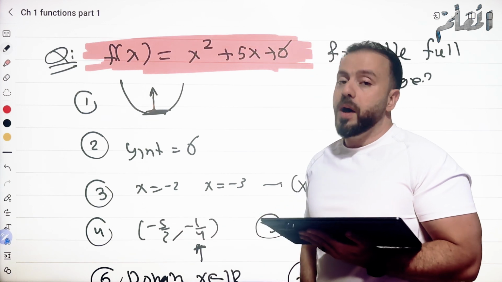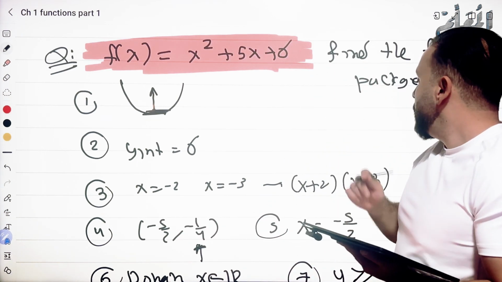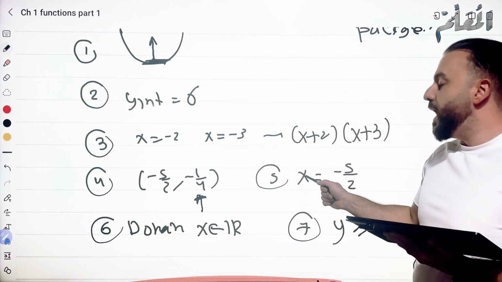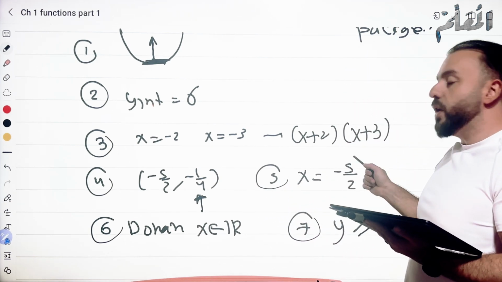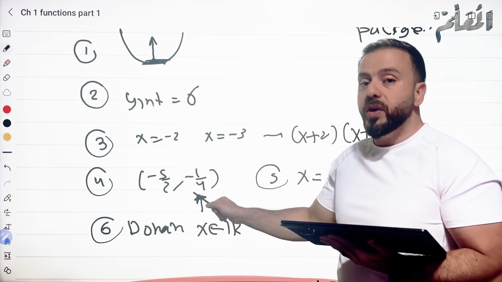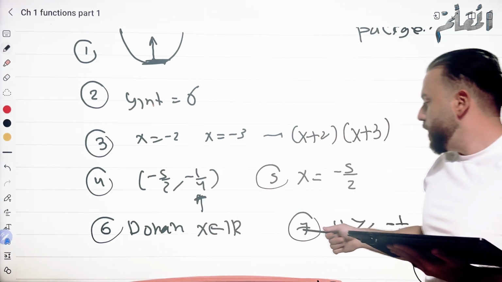Now, for the x part, I'm going to talk about the axis of symmetry. The axis of symmetry is x equals negative 5/2, from the x coordinate of the vertex. The y coordinate of the vertex controls what? The range.